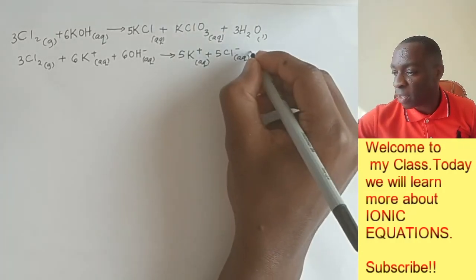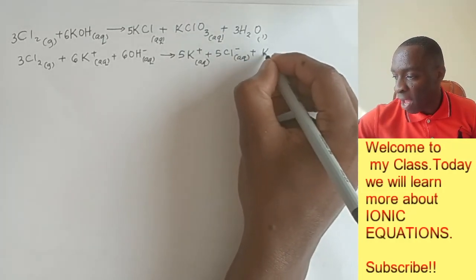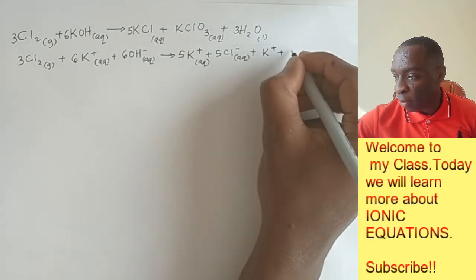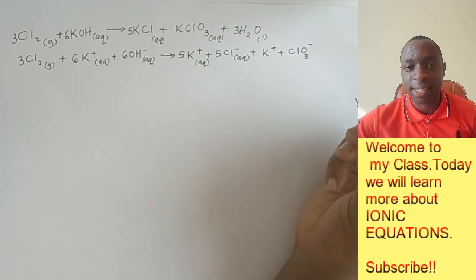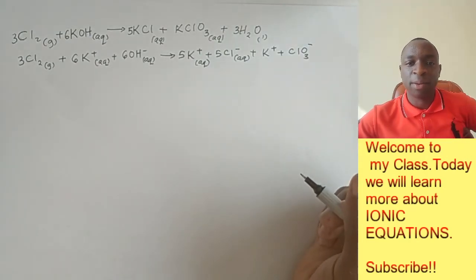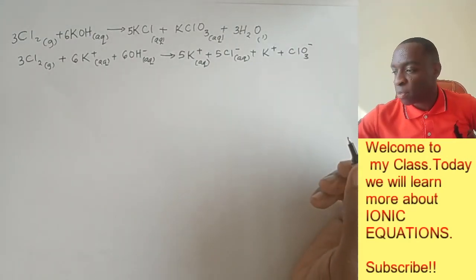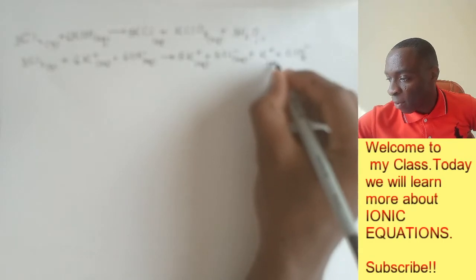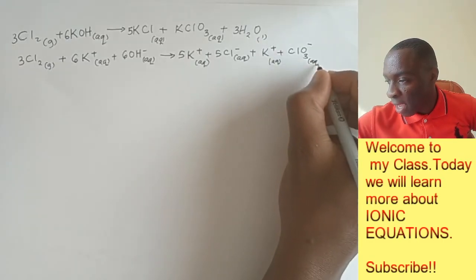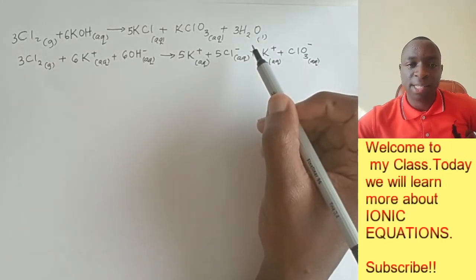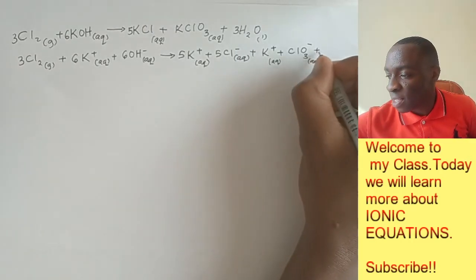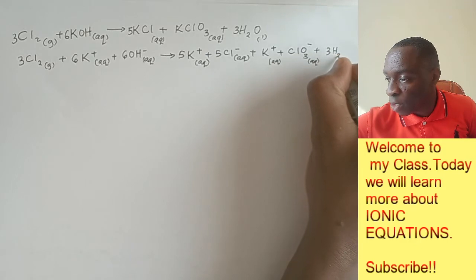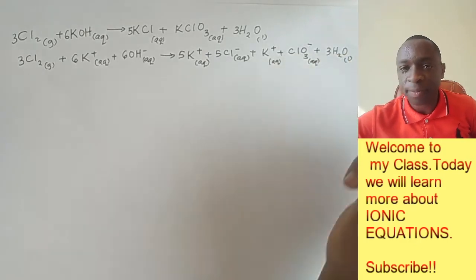So this one you split it as the potassium ion, and the chlorate(V) ion is ClO3 minus. So that one is a potassium chlorate(V) when you have split it. So we have the aqueous here and here. And finally, the water remains the same because it is not aqueous. So we'll have to just retain the 3H2O the way it is.